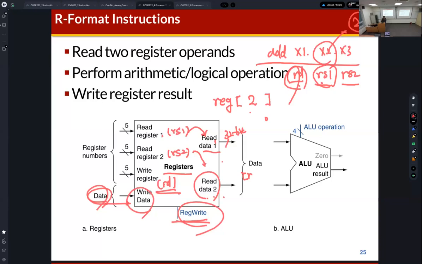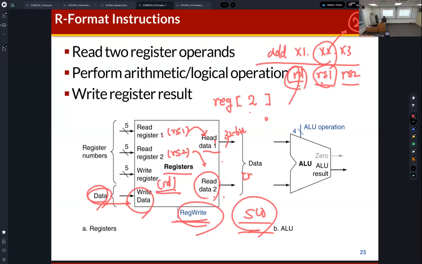So think like the store instruction. Store instruction SW, store word. Store instruction does not store the data in register file, right? The store instruction stores data to memory.